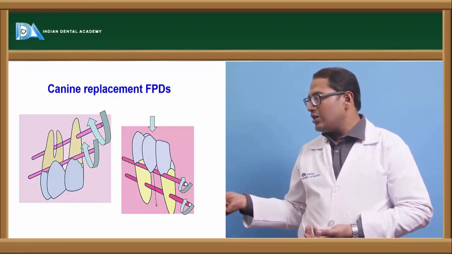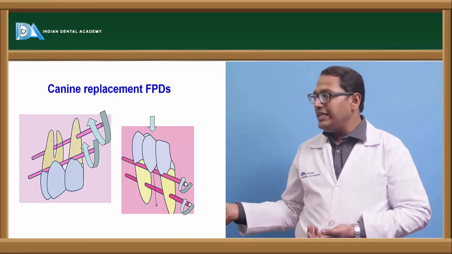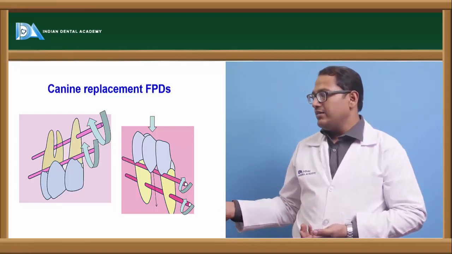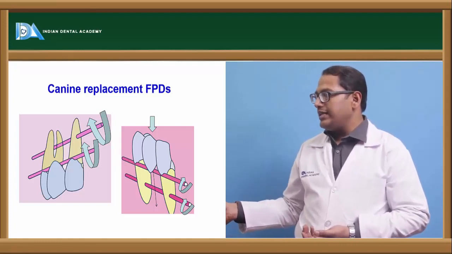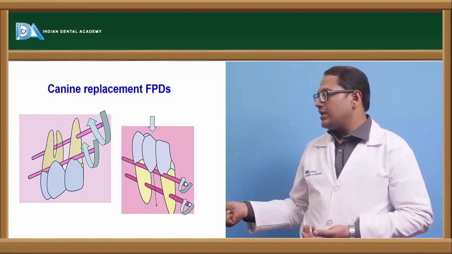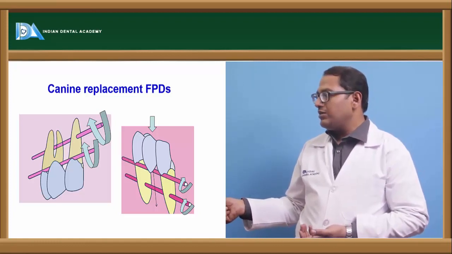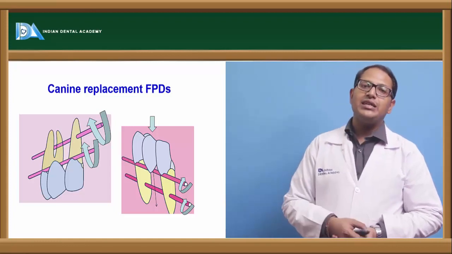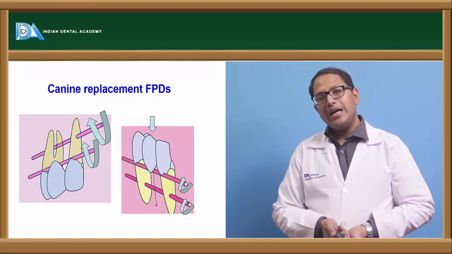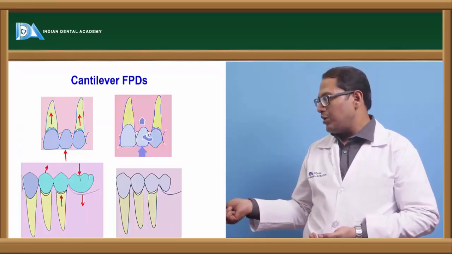So the canine is not supposed to be outside the inter-abutment axis. This axis you can see is called the inter-abutment axis. So the crown of the canine or the pontic of the canine should not be out of the inter-abutment axis when the canine is to be replaced as a pontic.